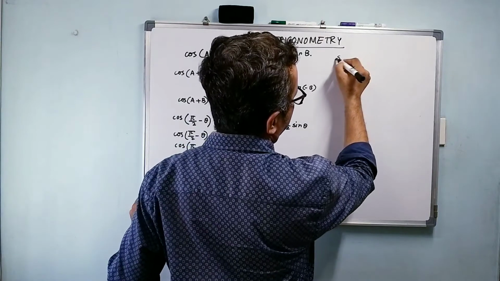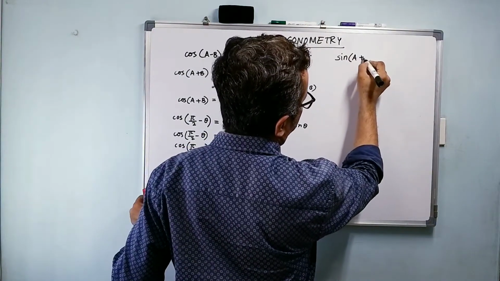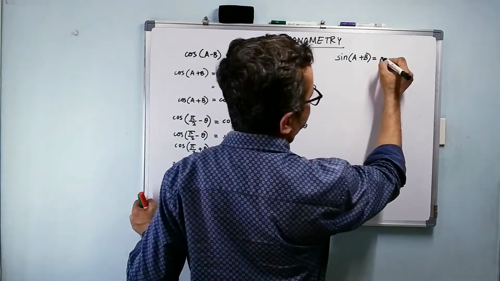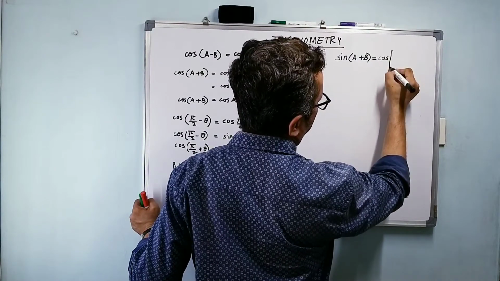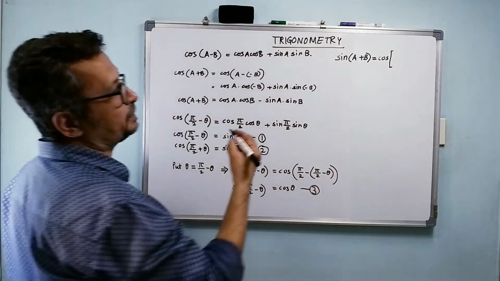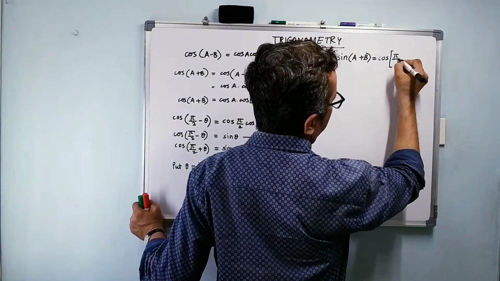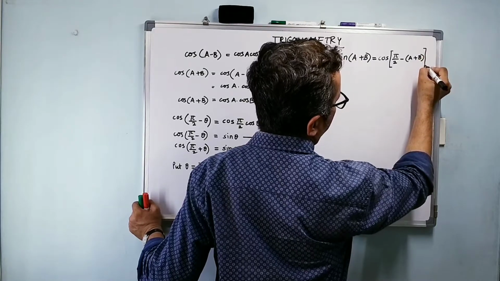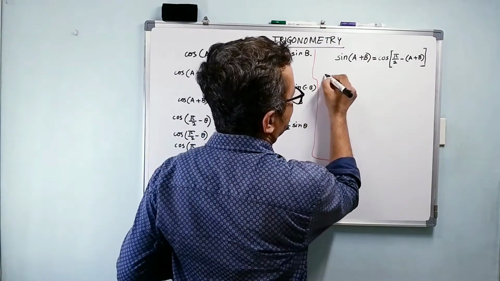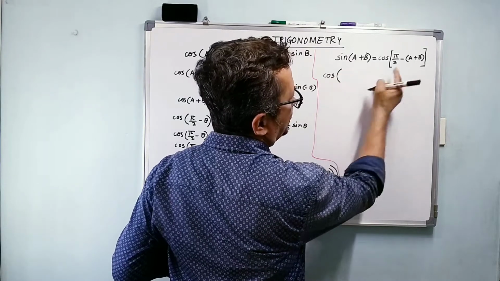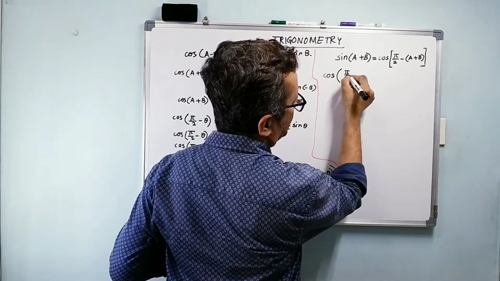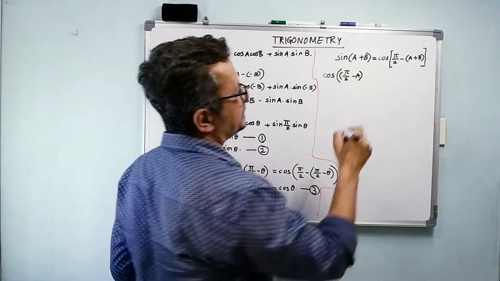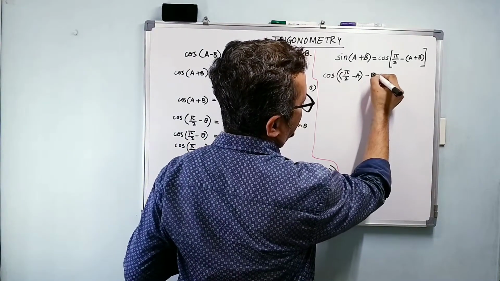So sine of A plus B, I would write as cos of pi by 2 minus A plus B. So this is cos of pi by 2 minus A, and I am going to split that A plus B thing, minus B, correct?